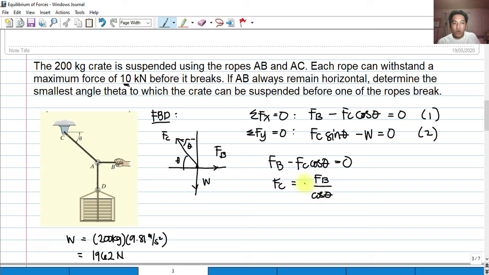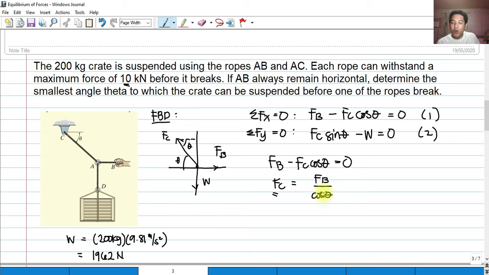So what is the smallest? That theta is always less than 90, and the cosine of an angle less than 90 is always less than 1. It can be 0.8, 0.5, 0.9, 0.7. If we have a force F sub B divided by 0.7 or 0.5, depending on the acute angle theta, F sub C would be greater, because cosine theta is always less than 1.